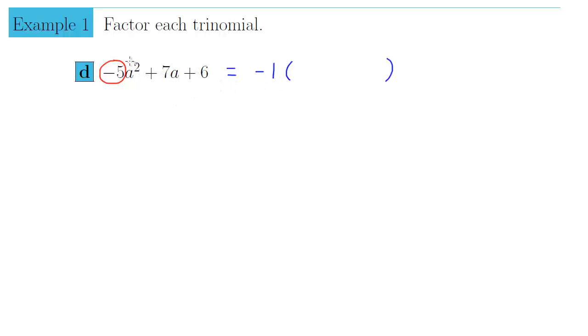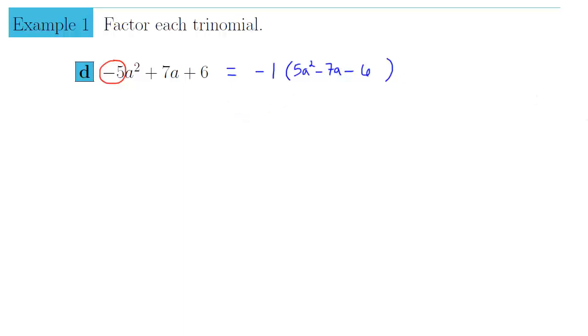In order to get negative 5a squared back, I would have to have a 5a squared as my first term in here, because negative 1 times 5a squared is negative 5a squared. Then I would have to have a minus 7a, because negative 1 times minus 7a is going to be positive 7a. And then I would have to have a minus 6, because negative 1 times minus 6 is positive 6.